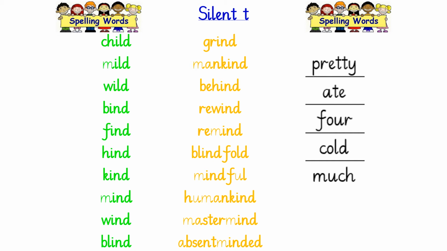Then we've got kind, mind, and this next word is wind. Now, it's a funny word because it is spelt exactly the same way as wind, but obviously they mean different things. So you can wind somebody up, or you can wind up a clock. And then the last one there, blind, not able to see.